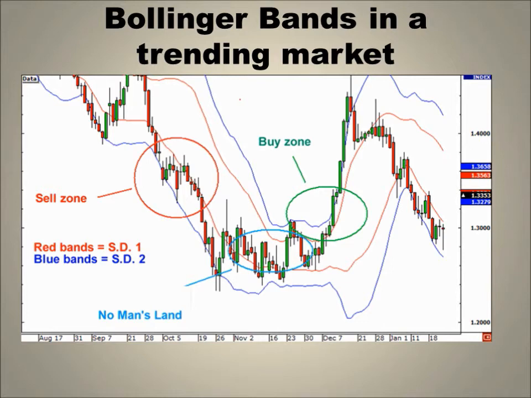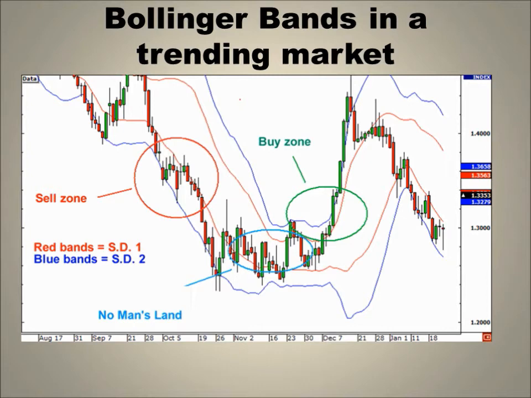The red bands, the deviation is set to 1, and the blue bands, the deviation is set to 2. So between the top bands, that is a signal for most investors to go long. And between the bottom 2 bands, that is a signal for many investors to go short.